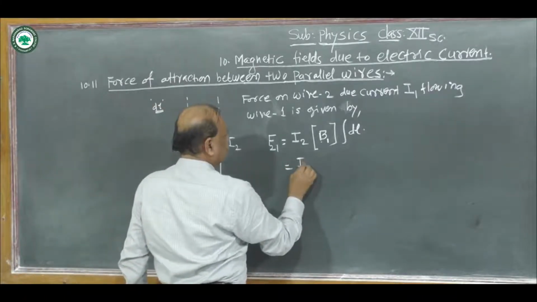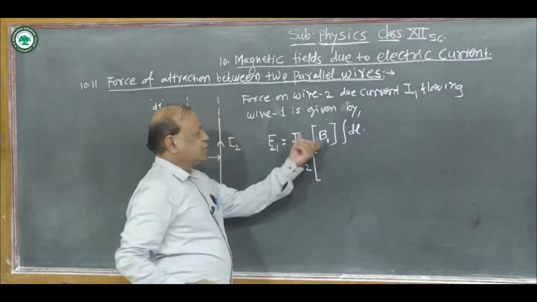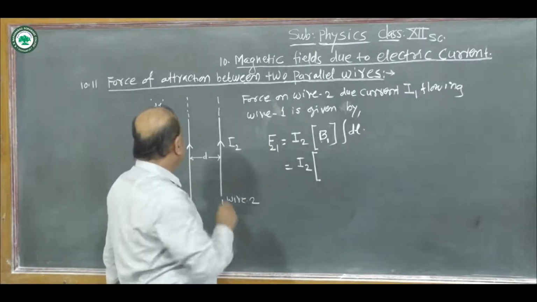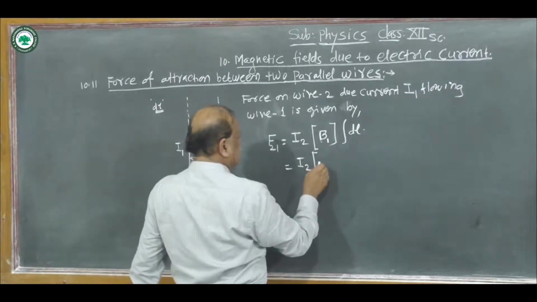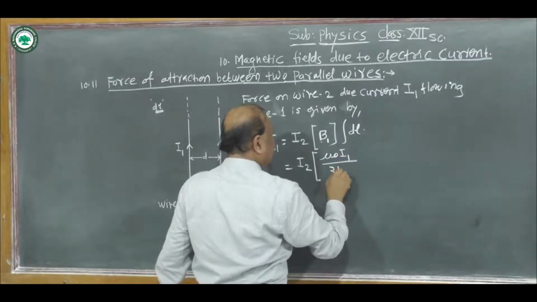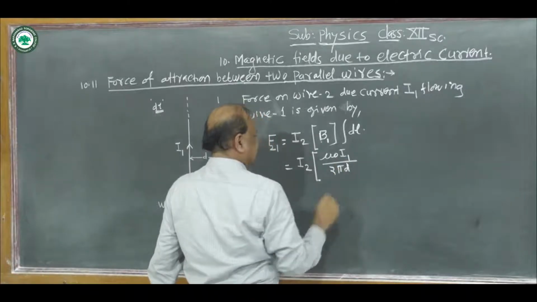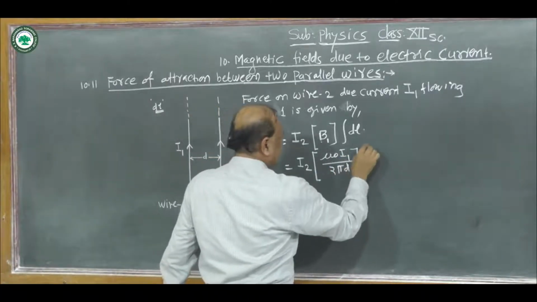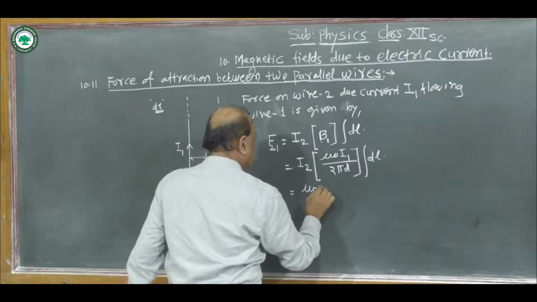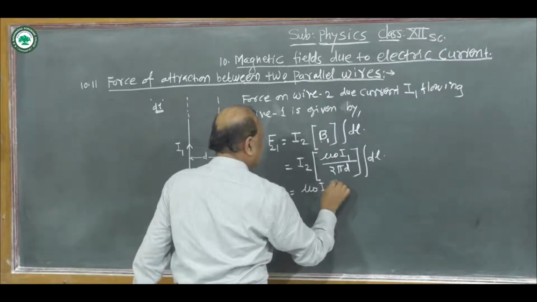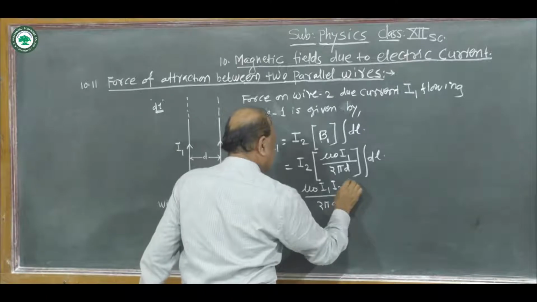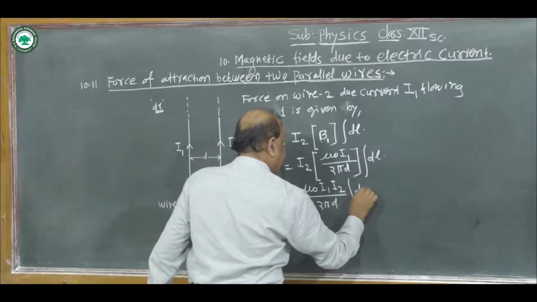This is equal to I2 into B1, where B1, the magnetic field produced by wire 1, is mu 0 I1 divided by 2 pi into the distance d, into integration of dl, which equals mu 0 I1 I2 divided by 2 pi d into the length integration of dl.